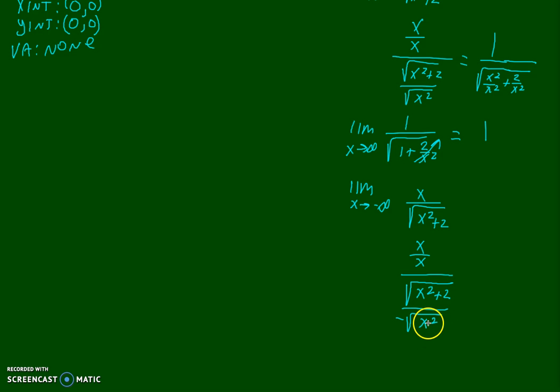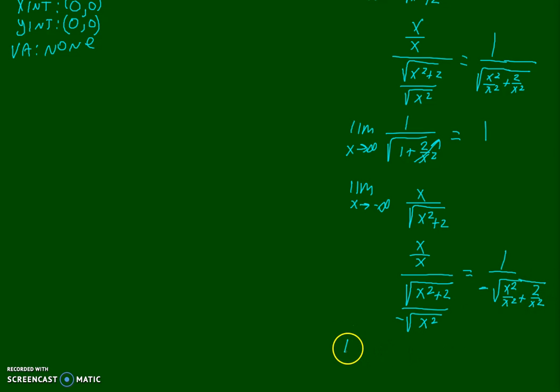The reason for this, of course, is because if this value is already negative, because we're on the negative side of 0, squaring it makes this negative x positive. We have to force it negative with this negative sign out here. So this gives us 1 over negative square root of x squared over x squared plus 2 over x squared.